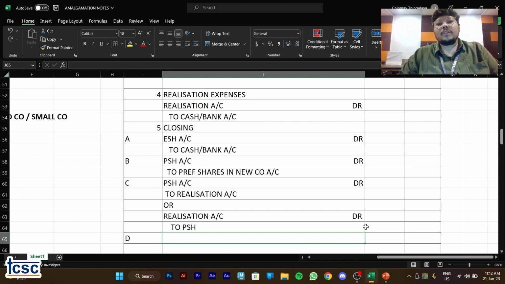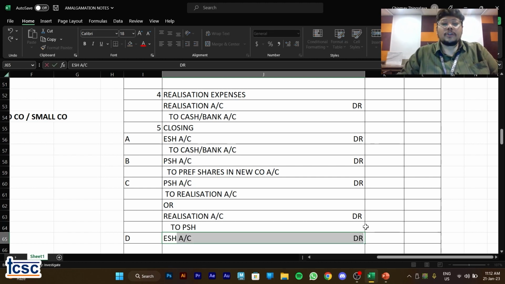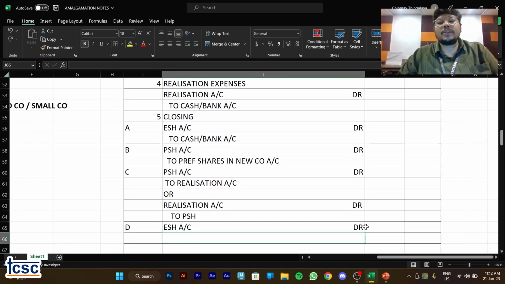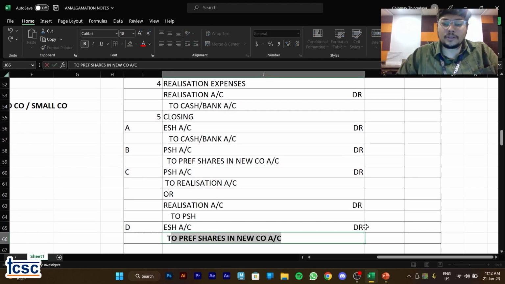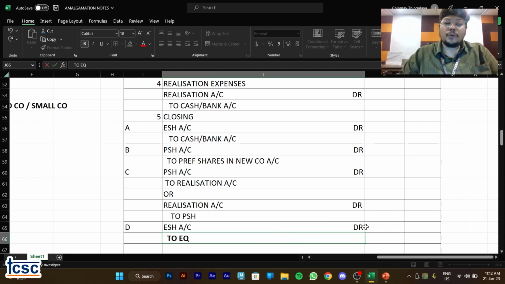After that, the last party to receive the shares are equity shareholders. So whatever shares are received from the new company have to be distributed to equity shareholders. So equity shareholders account debit to equity shares in new company account.